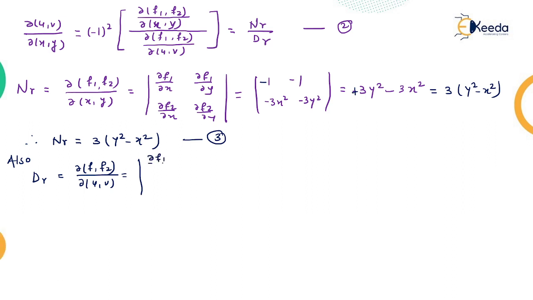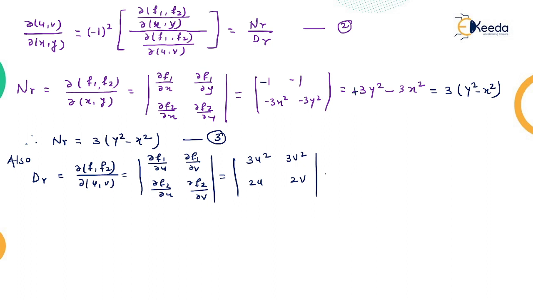So we have to solve this 2 by 2 determinant. Putting in the values: ∂f1/∂u is 3u², next 3v², next 2u, and 2v.